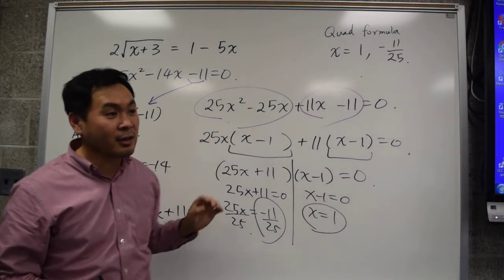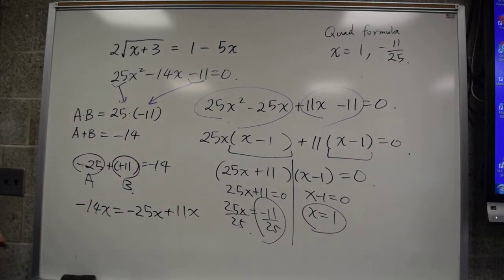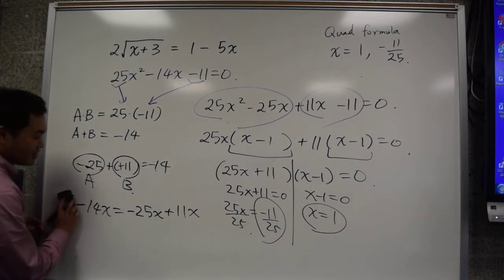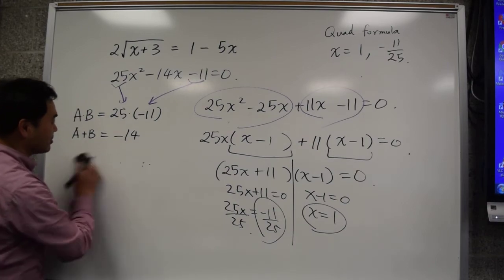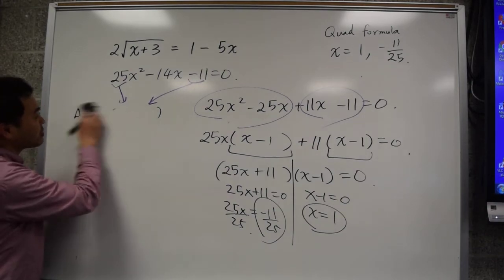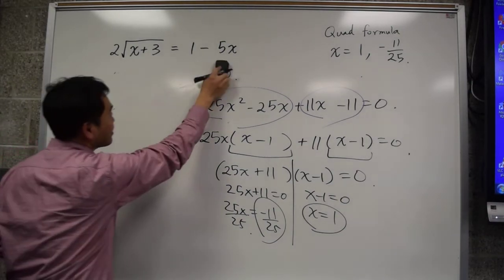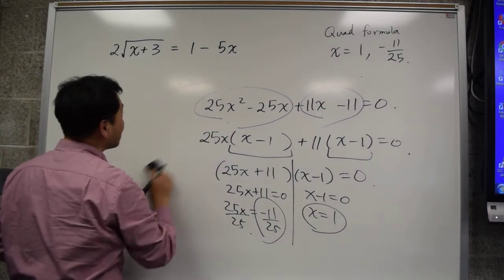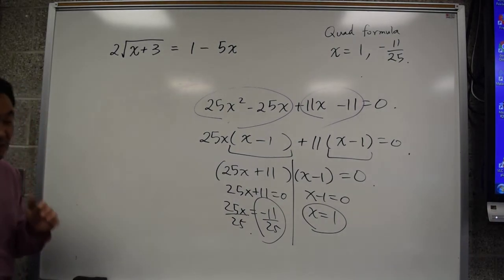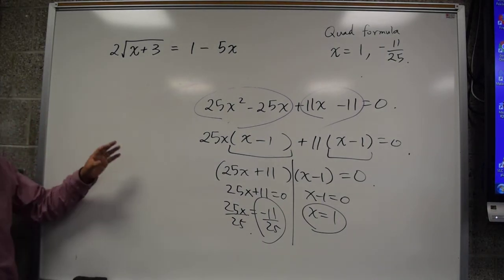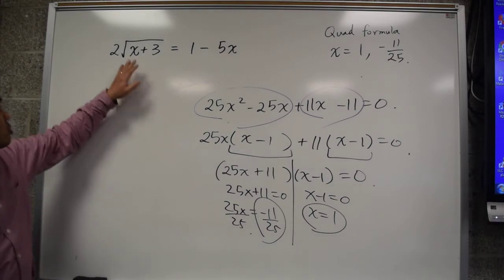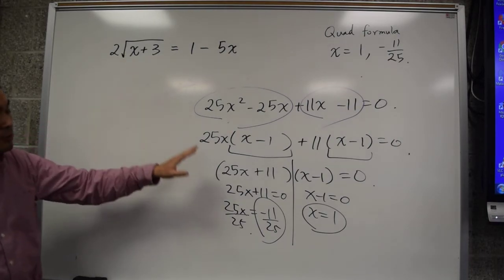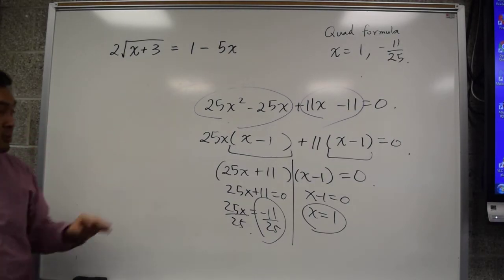Okay. Now, it's a rather long question because it doesn't stop here. Actually, the whole purpose of this was not about showing you how to solve a quadratic equation. This is actually the more important point. When you get a solution with the square root, you get something called extraneous solutions.